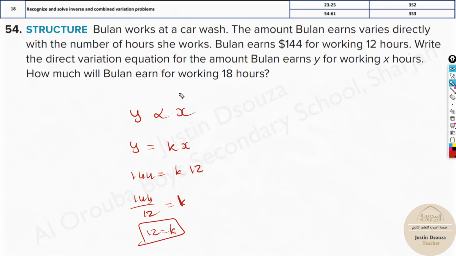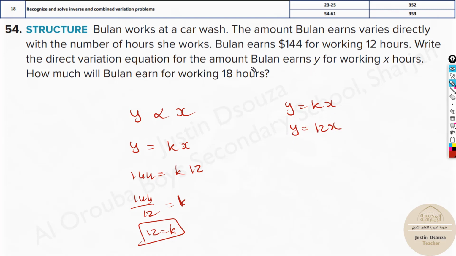Now, how much will Bulan earn for working 18 hours? So we know K is 12, right? So Y is equal to Kx. Here they have also asked to write the direct variation equation, so I'll write it over here before we solve that. Y is equal to 12x. This is the direct variation equation.